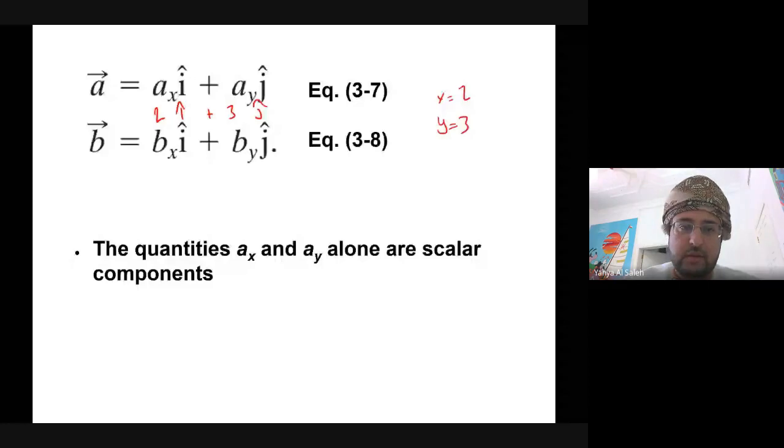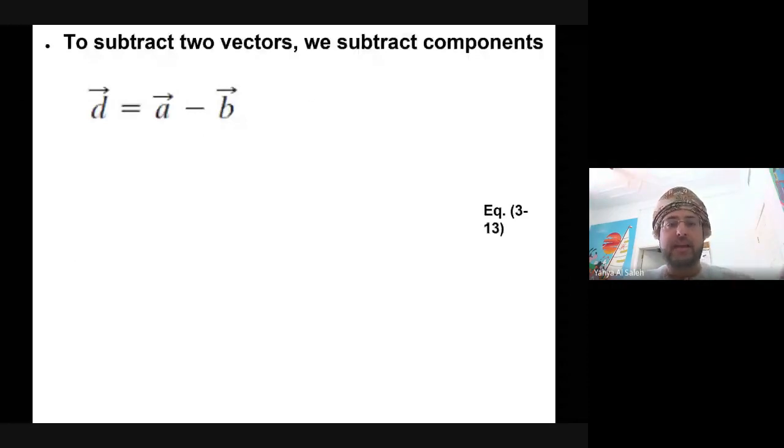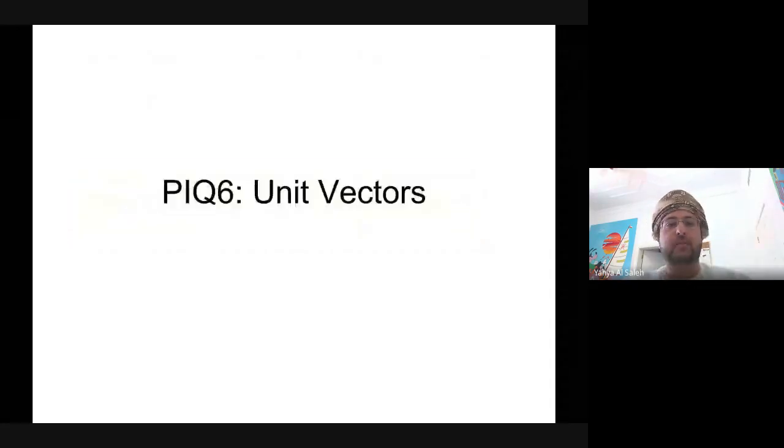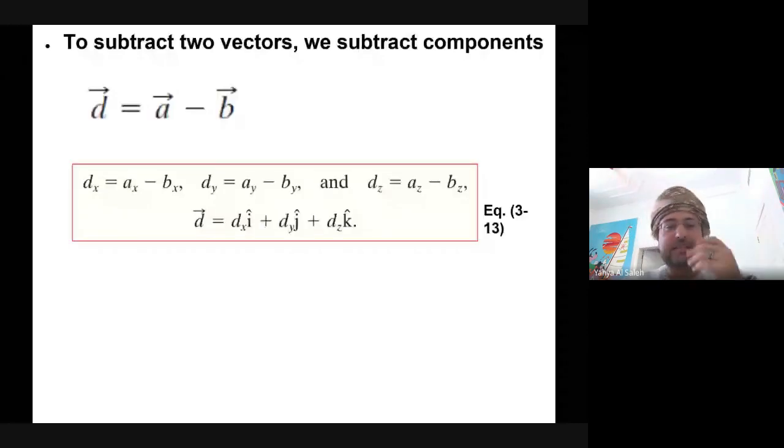Okay. We want to subtract. We subtract the components: AX minus BX, AY minus BY, AZ minus BZ. We want to add. We add them the same way. We want to multiply by a scalar. We multiply by a scalar the same way. We multiply each component by the scalar.